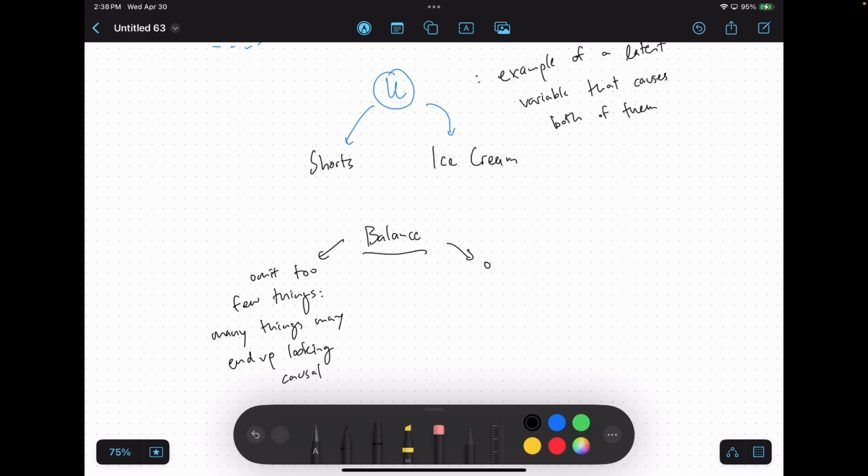And if you omit too much, you might miss the causal variable and misidentify.